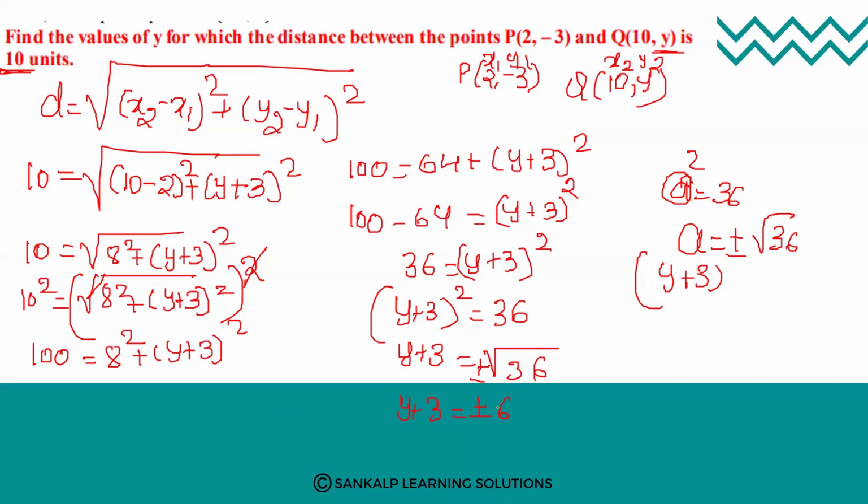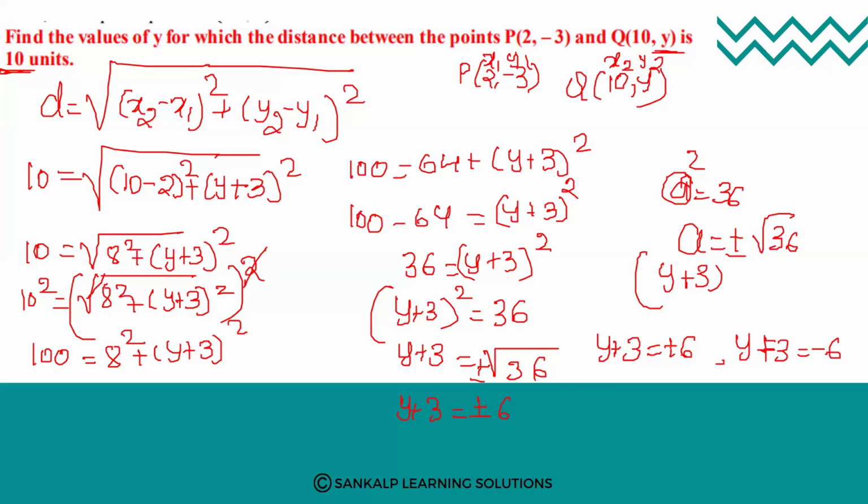So y plus 3 is equal to plus 6. One root I will take as y plus 3 is equal to plus 6. Another root I will take as y plus 3 is equal to minus 6. Why? Because this is plus or minus square root of 36. Plus or minus 6 means plus 6 and minus 6. It has two roots, that is plus 6 and minus 6.